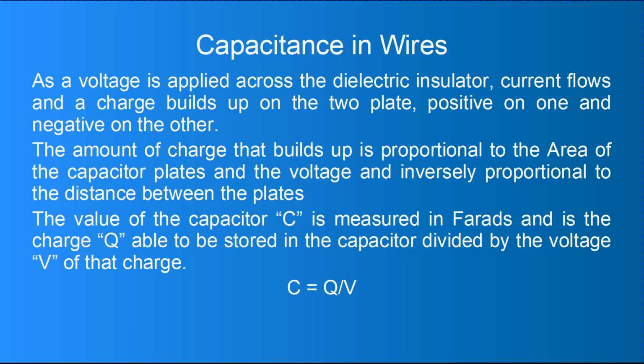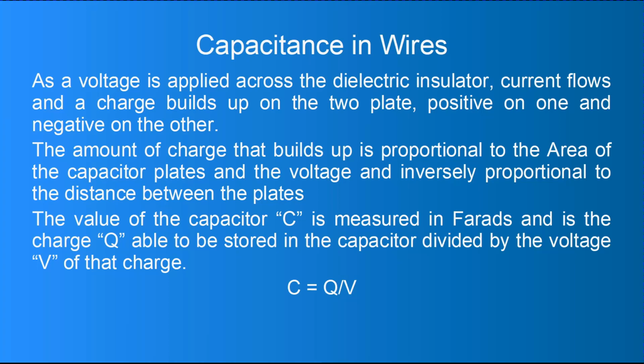The value of the capacitor C is measured in farads, and is the charge able to be stored in the capacitor divided by the voltage of that charge. So we can have a capacitor with multiple plates in it, as long as the plates are connected in such a way that the area sums up to give us 2 plates.